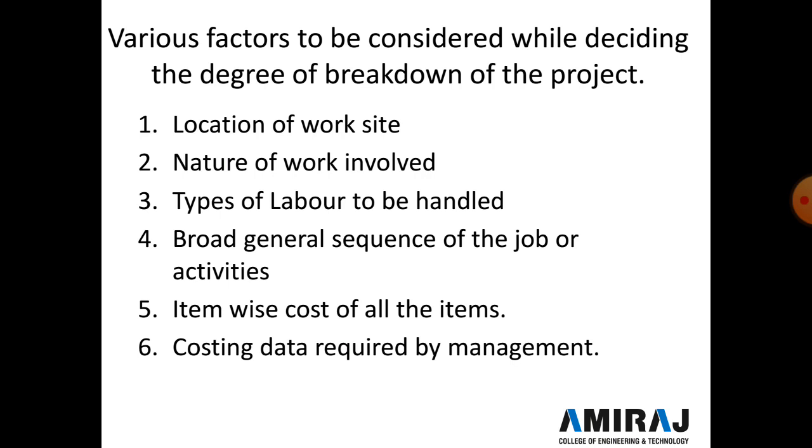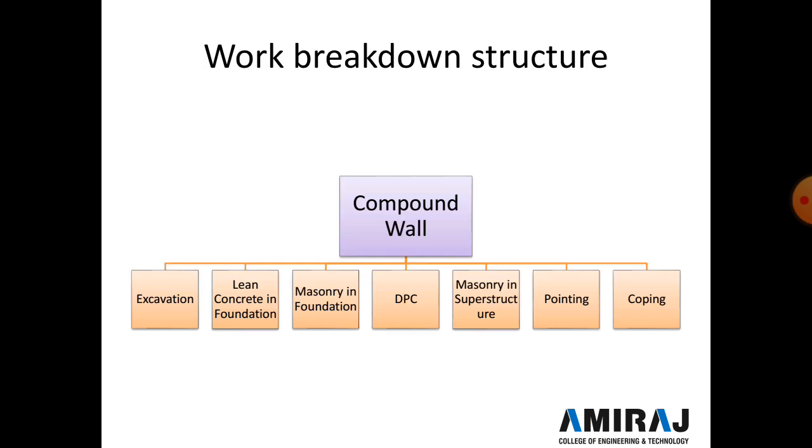Here one example is given of the work breakdown structure. Here the work breakdown structure is prepared for a compound wall. To construct the compound wall, various activities are there, listed at the bottom. See, in total seven activities are there.